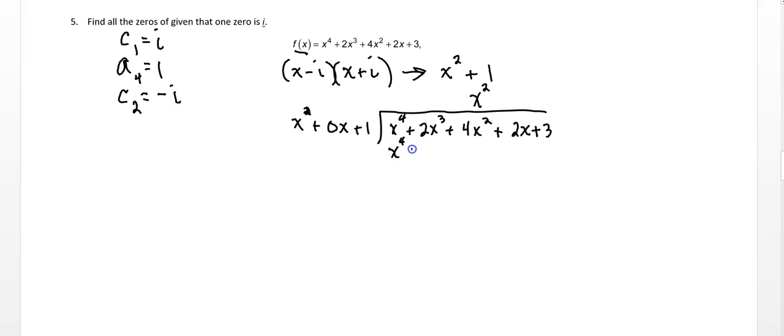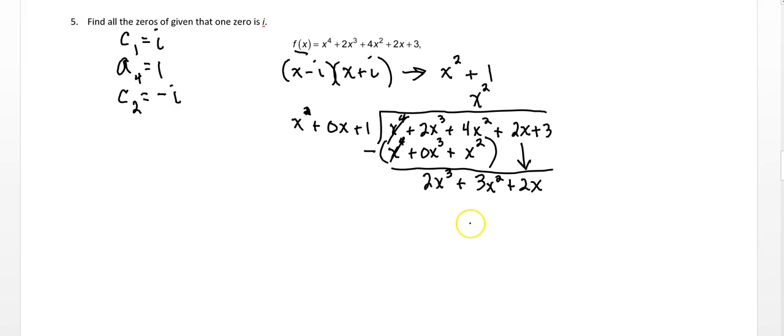Multiplying, subtract, and bring down the next term. Then we repeat the process. Now, what times x squared gives us 2x cubed?